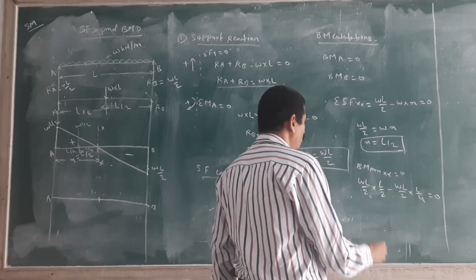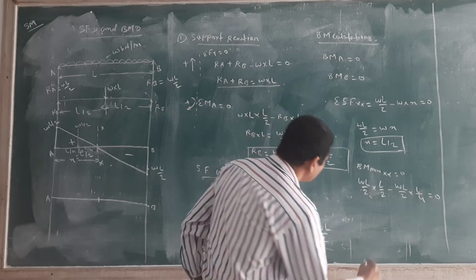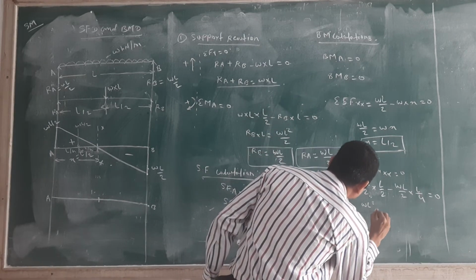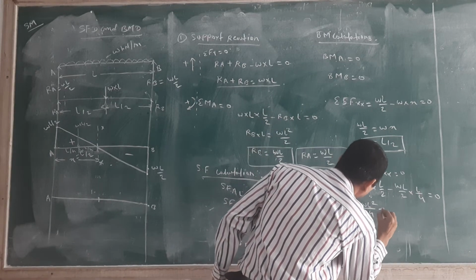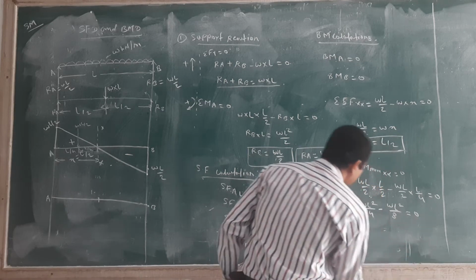Maximum bending moment at XX we have considered. And check that WL square by 4 minus WL square by 8 is equal to 0.